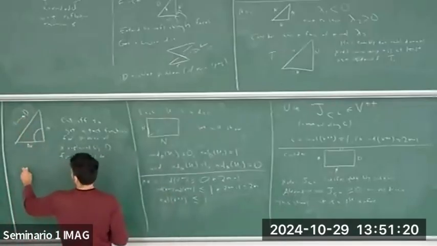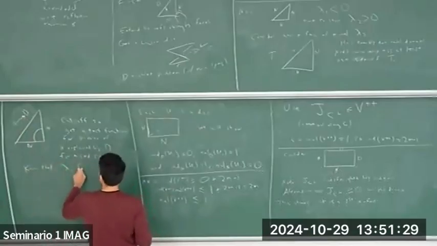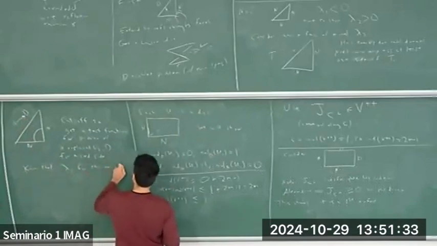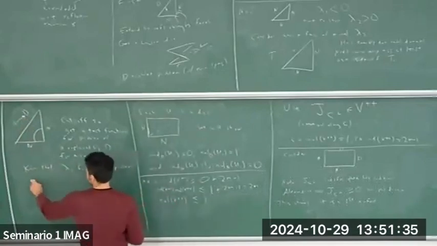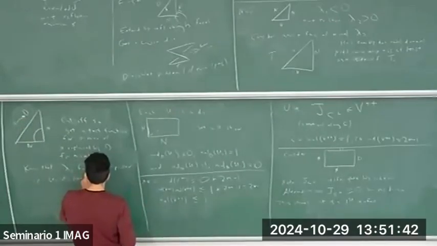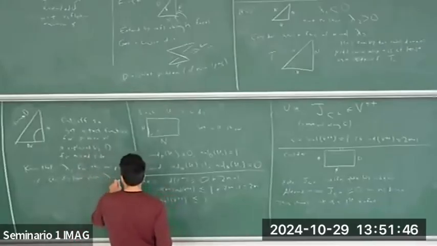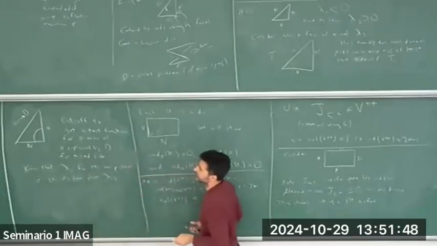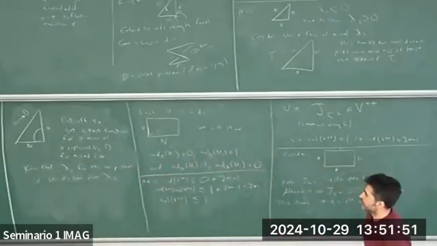And we know that lambda 1 of the modified problem is at most lambda 2 for the original.